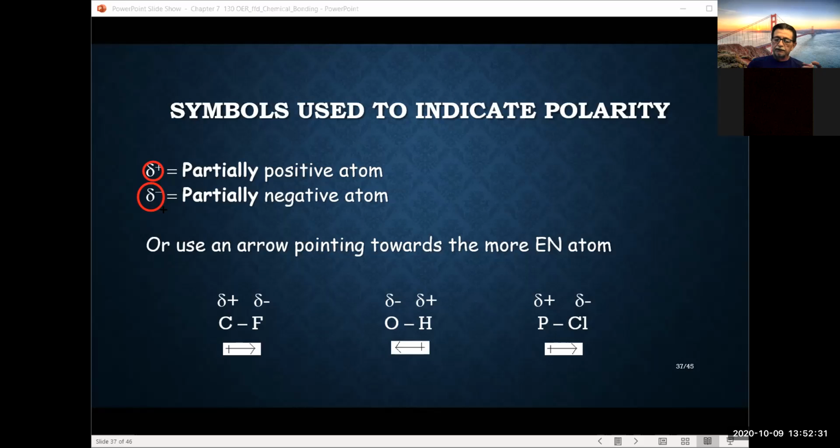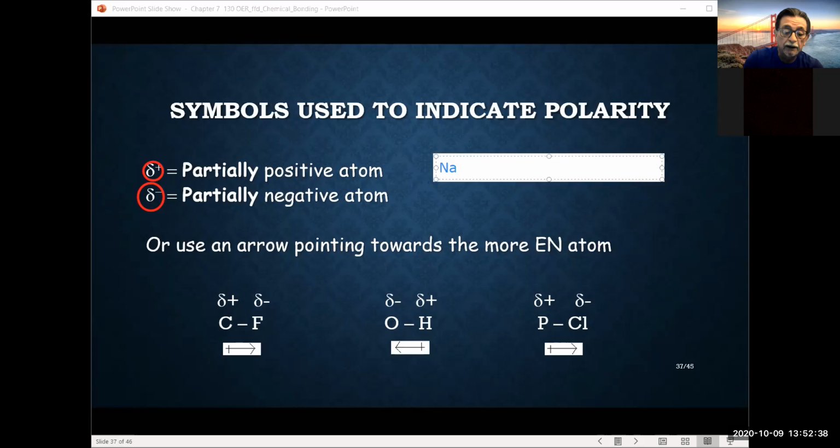Bear in mind, the ions, like sodium ion, had a full-fledged positive, and the chloride, for example, had a full-fledged negative. The covalent polar bonds here have a partial. They didn't take the electron density away. All they did was pull a lot of it toward itself.